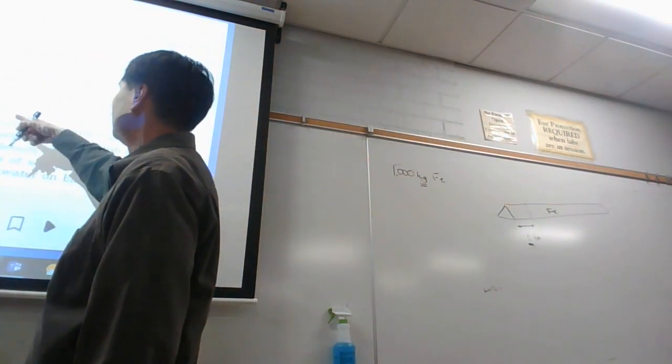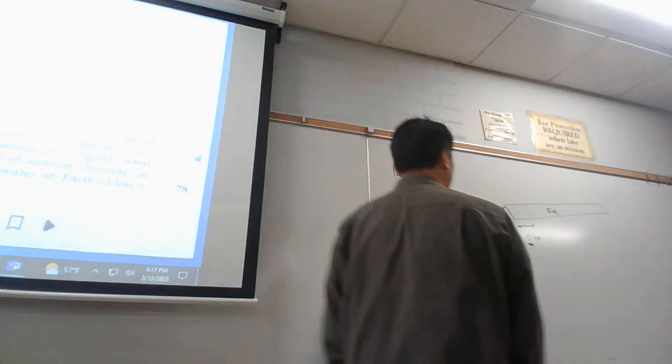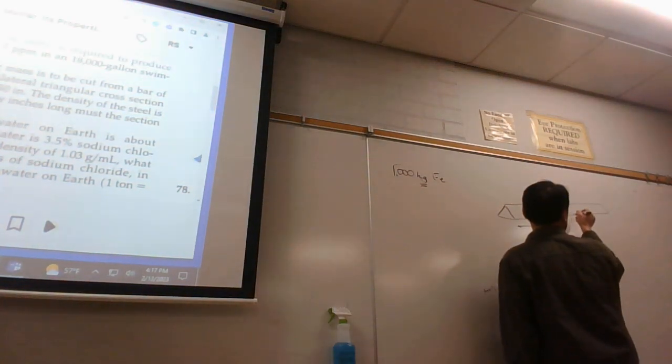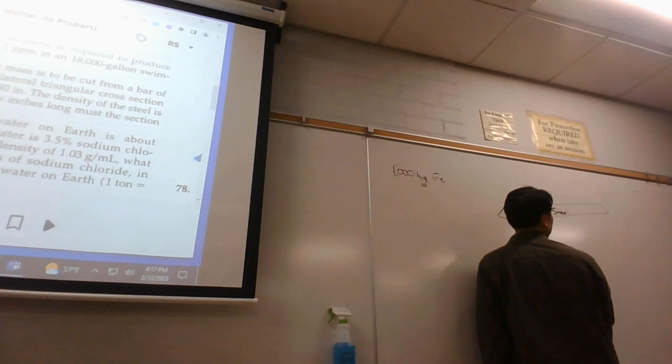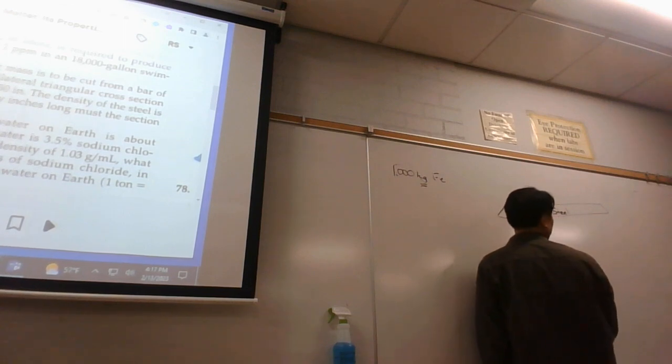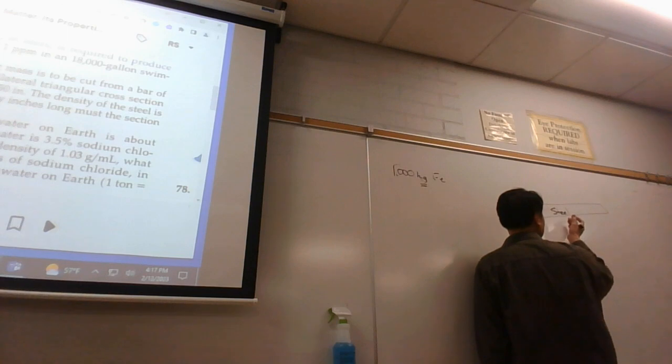The density of the steel is 7.70 grams per cubic centimeter. So this is not pure iron. Steel is a mixture of iron plus other elements, and so we'll call it steel. There could be stainless steel, which is very corrosion resistant, so it's probably a stainless steel.